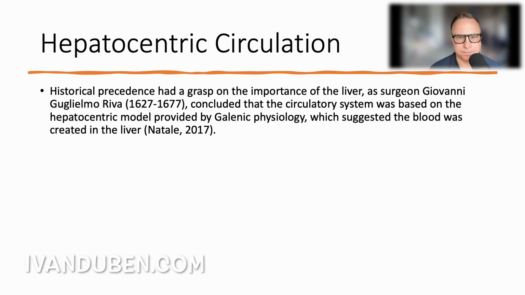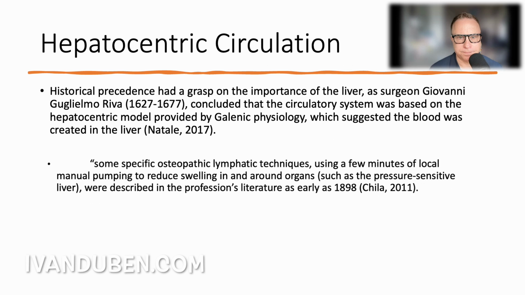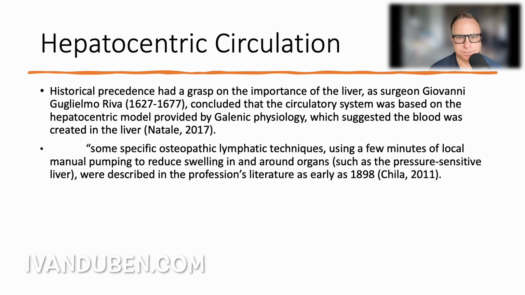The heart would contain very little blood relative to the liver in a recently deceased person, mostly because the heart is comprised of two muscles that suck and pump blood through it, so the blood doesn't linger in the ventricles. Some specific osteopathic lymphatic techniques using a few minutes of local manual pumping to reduce swelling in and around the organ, such as the pressure-sensitive liver, were described in the profession's literature as early as 1891.